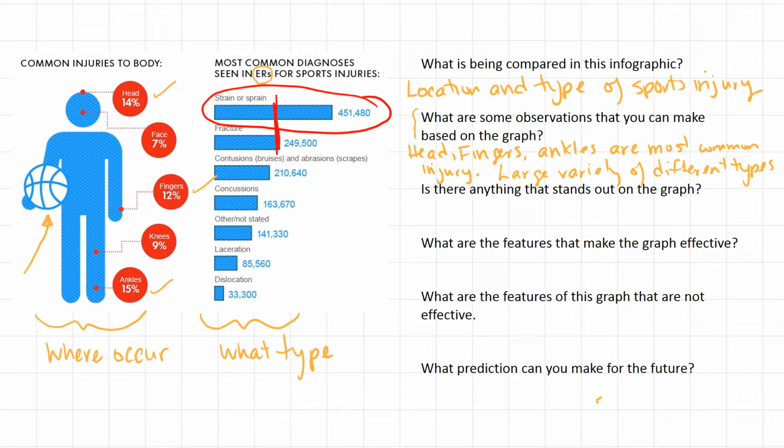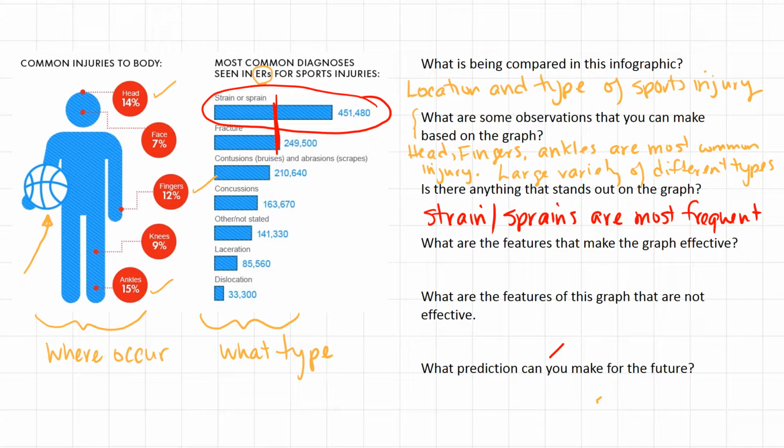It's more than half of the next one. So I would say the thing that stands out the most to me is that strains and sprains are the most frequent. It's not just a subtle increase, it's a significant increase.